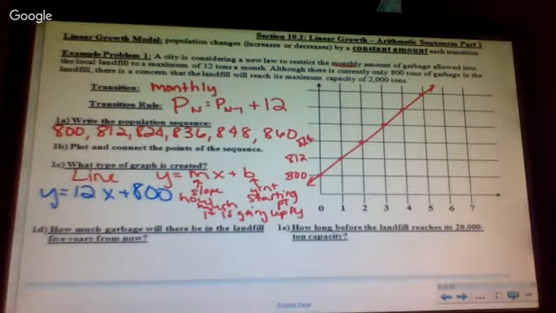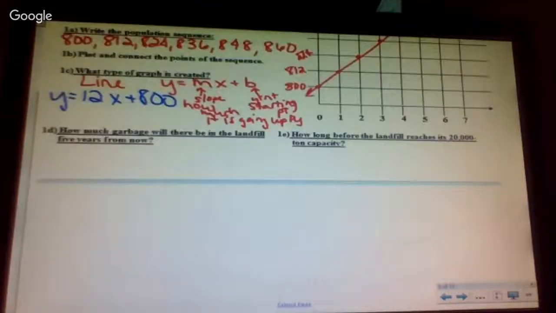Okay, so how much garbage will be in the landfill 5 years from now? Okay, in terms of this equation. First off, we're looking at 5 years. How many transitions have happened in 5 years? 60. Okay, remember, it's 5 times 12 months a year, so that's 60 transitions.